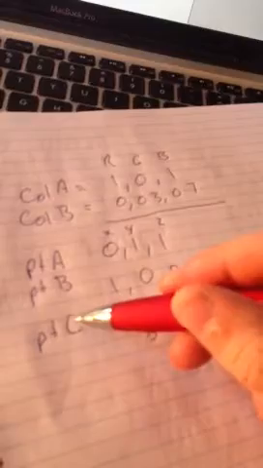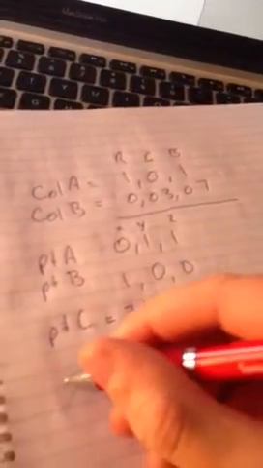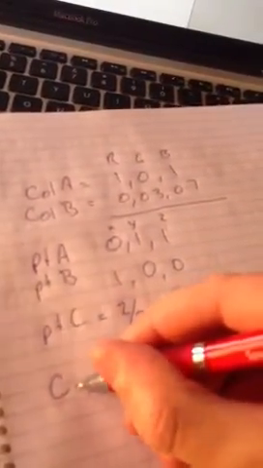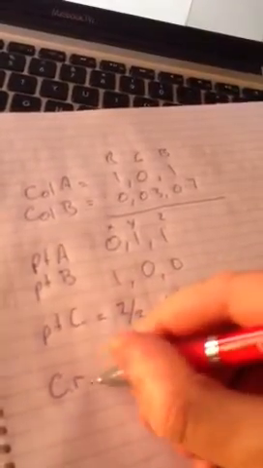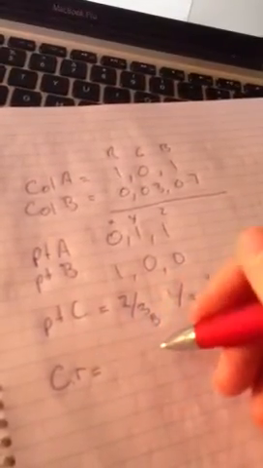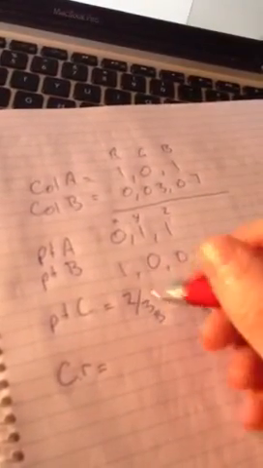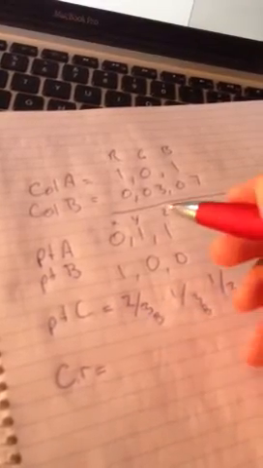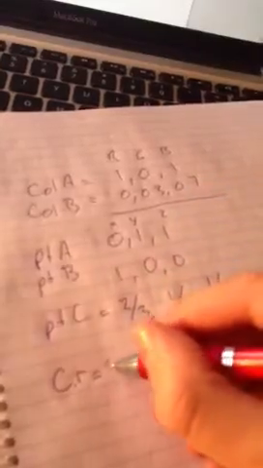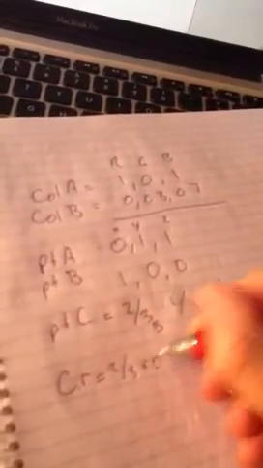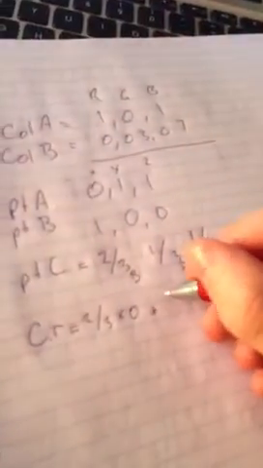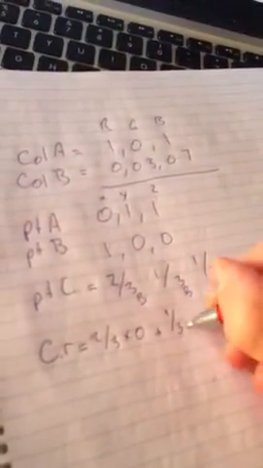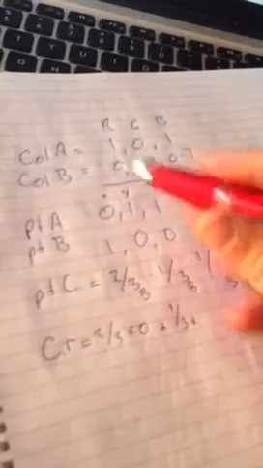So what we're trying to do is find the RGB values for C. So to do C's R value, the R value there, we do 2/3 times the R value of B, which is 0, so 2/3 times 0 plus 1/3 times the R value of A, which is 1.